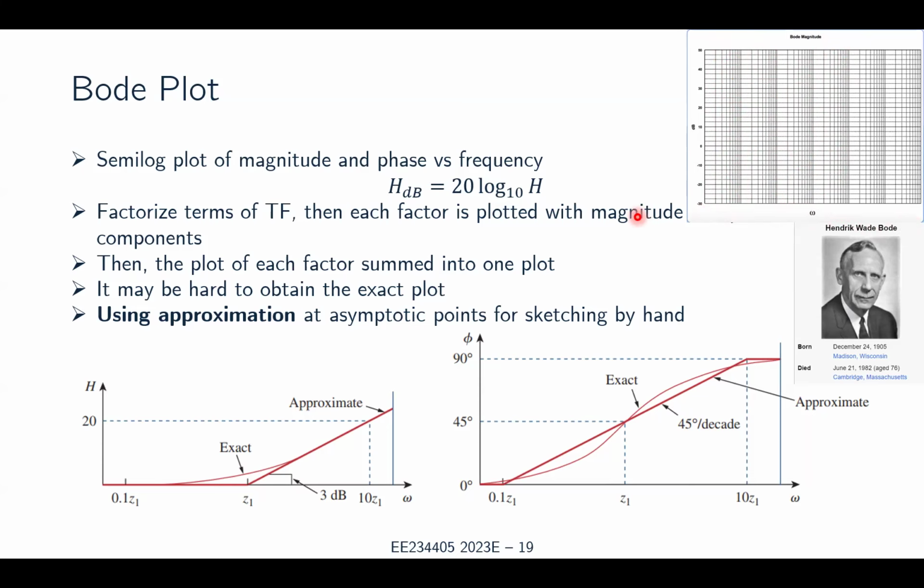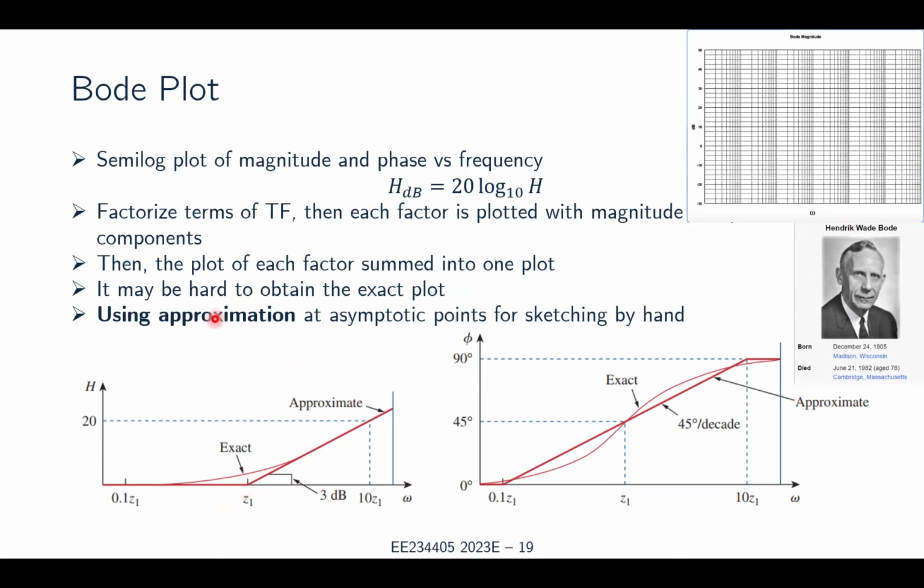Well, and then after factorizing terms of the transfer function for Bode plot, we plot the magnitude and phase of each factor, and then the plot of each factor is summed into one plot. And we do this by using approximation at asymptotic points, like this point Z1, for example.